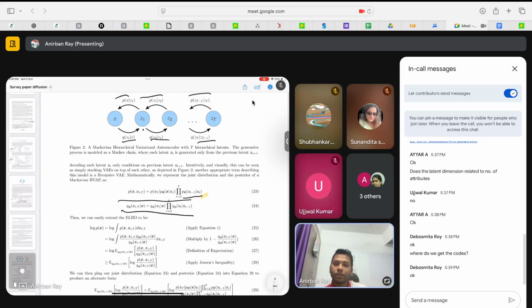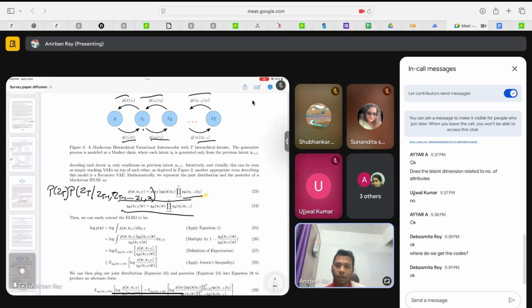Can you understand how this equation is derived? You take this term first, p of z t given z t minus 1, z t minus 2, down to z 1, and then x.